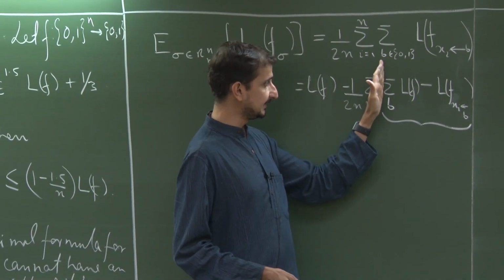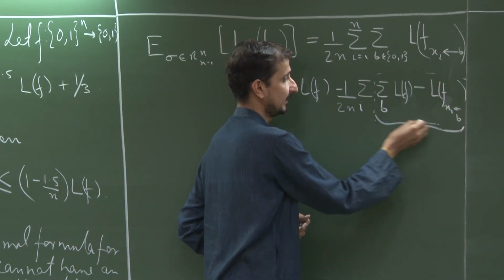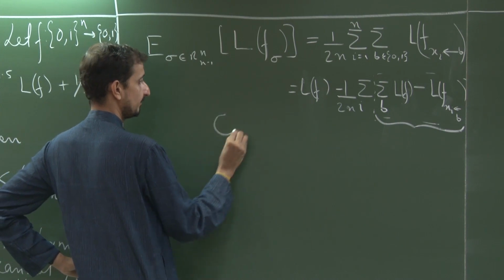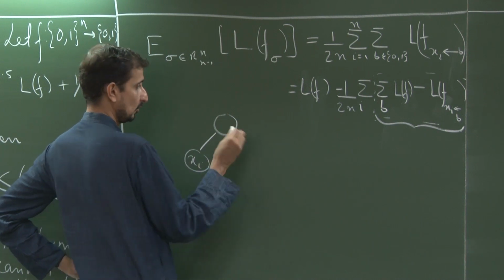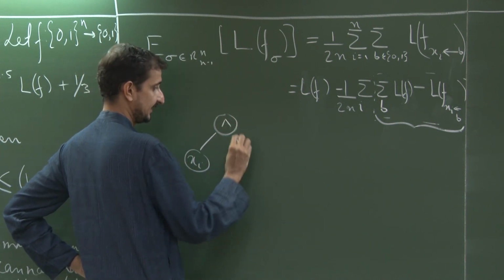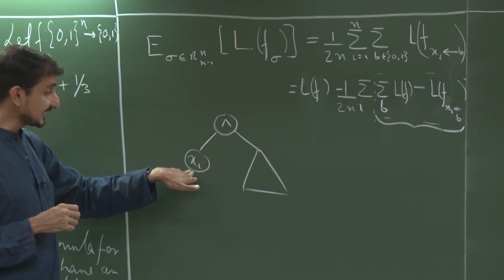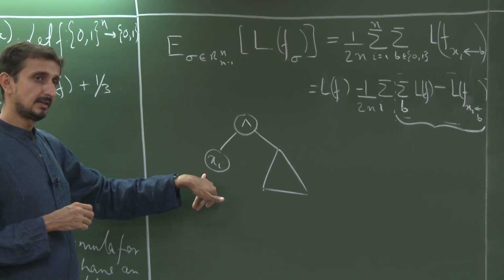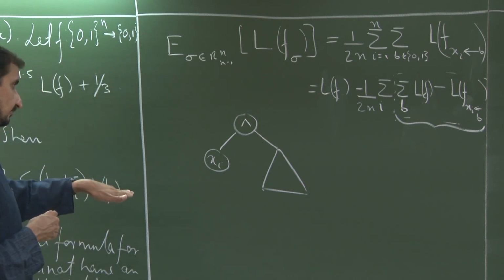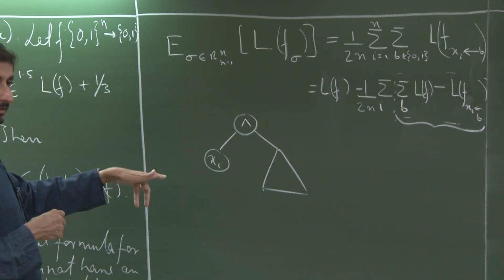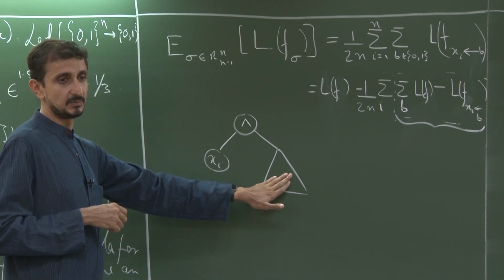If I consider this summation also, observe that if I have an xi leaf whose parent is, without loss of generality, an AND gate, and I have some subtree over here, then if xi gets a value 0, not only this gate can be removed, but any gate over here can be removed as well.